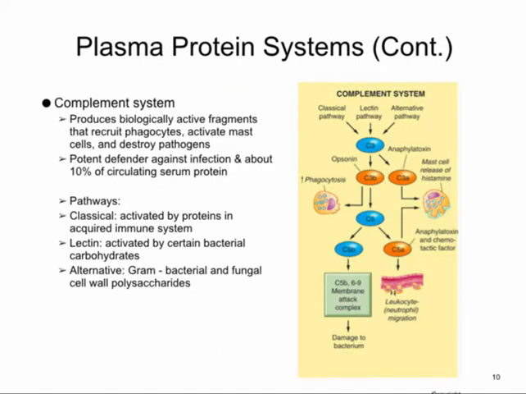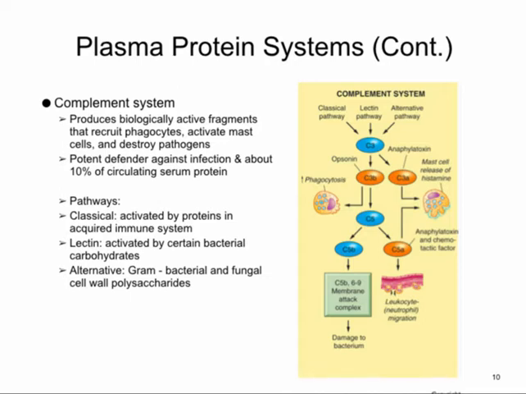So your complement system, once again, has different pathways. It has a heavy integration with those phagocytes, your mast cells. So it's really what's triggering that response with mast cells and histamine release, and basically leukocyte migration to that area.